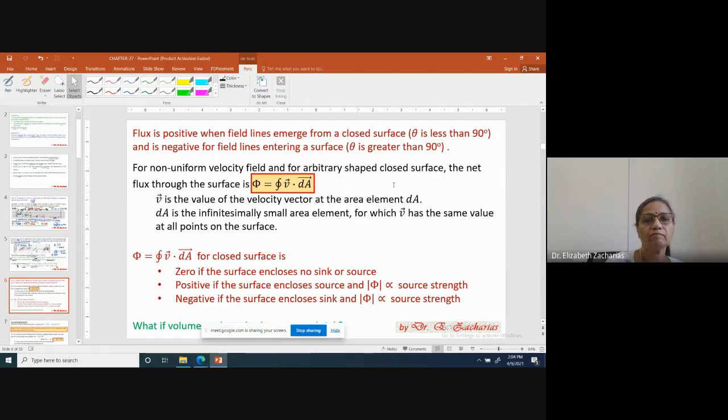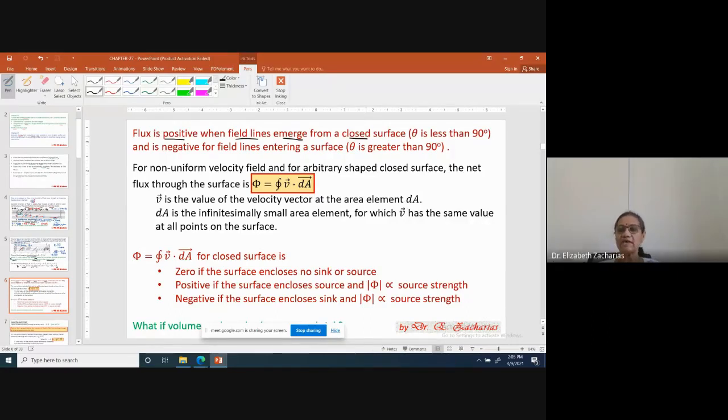Okay, and another thing, I already used the words negative and positive. Flux can be negative, flux can be positive. Flux is positive when field lines emerge from a closed surface.